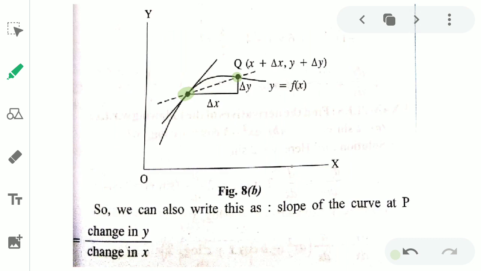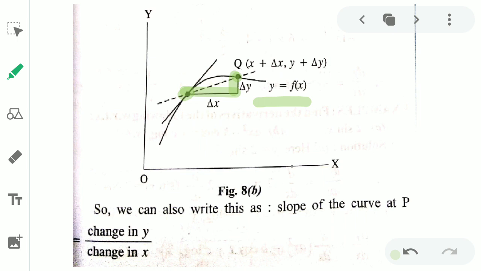What is the difference between the two points? When point P is very close to Q, the change in x is delta x, and the change in y is delta y. Initially at point P, y equal to f(x), but at point Q, what is the change? The value of x is x plus delta x, and y is y plus delta y.